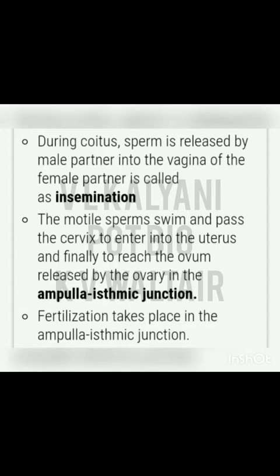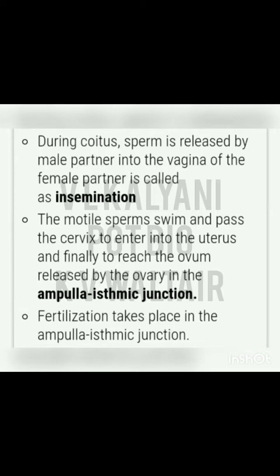So now the sperms have reached the vagina along with the semen, the fluid. You know that the structure of the sperm has a long tail. All these sperms will move from the vagina to the upper part, the cervix, and through the cervix they enter the uterus, and from the uterus they move towards the oviduct.